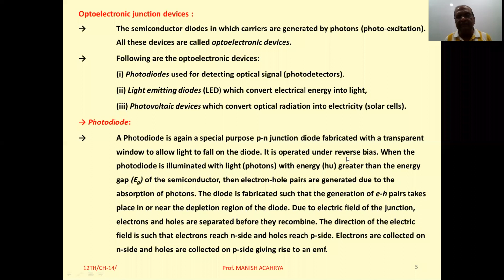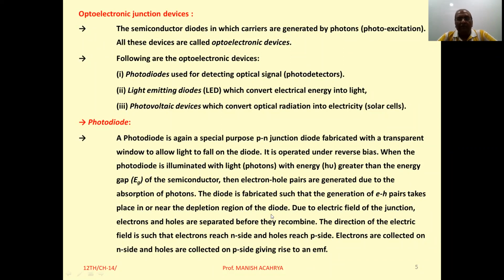So in this way, a large number of electron hole pairs are generated. Okay. Now the diode is fabricated in such a way that the electron hole pair generation takes place in or near the depletion region of the diode.